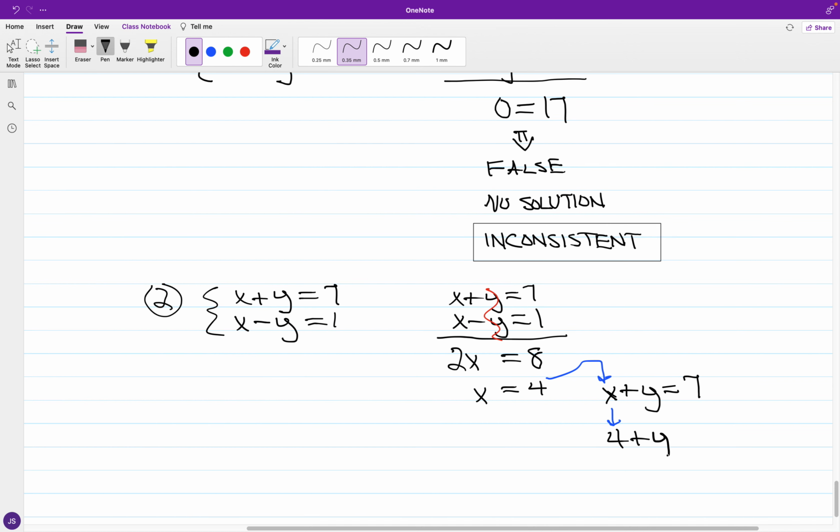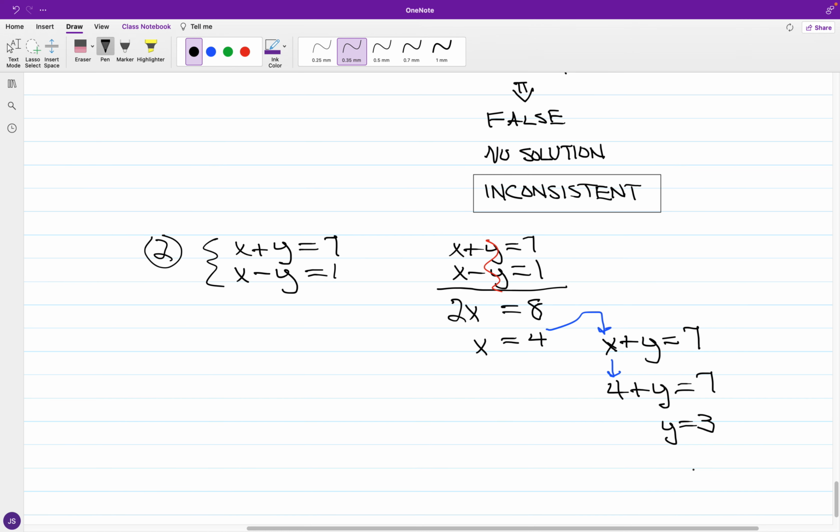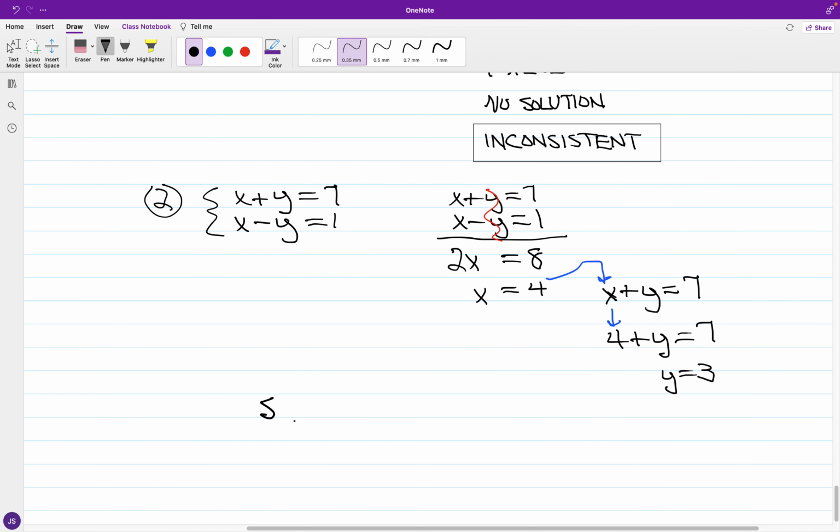So we have 4 plus y is equal to 7. And from this, we have that y is equal to 3. So in this case, for the solution, there's only 1.